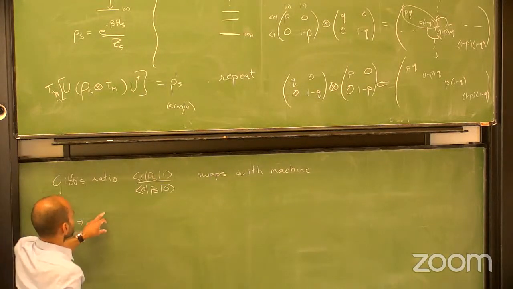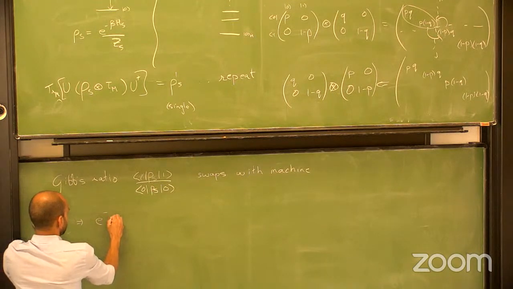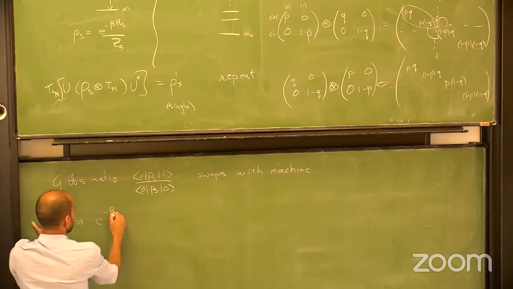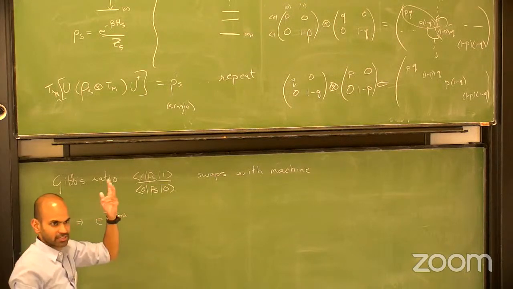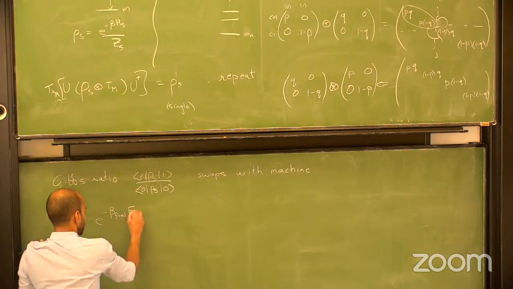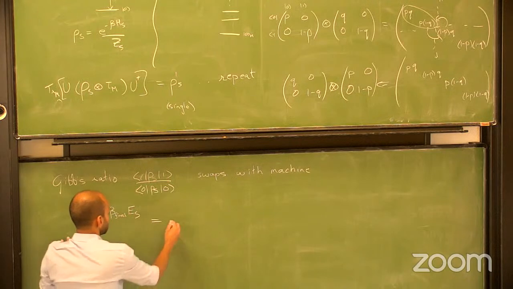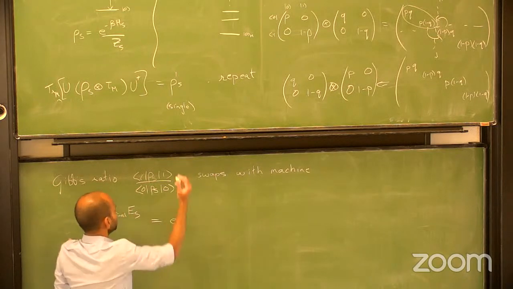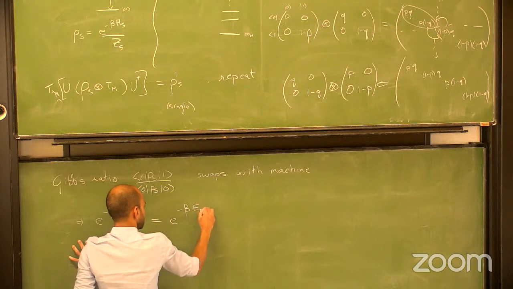And the Gibbs ratio is also, one can write it for a qubit as e to the minus beta times the energy. So I can say e to the minus beta final, which is the final effective temperature on the system, times the energy of the system, is what the Gibbs ratio on the machine was originally. And that we know because the machine started in a thermal state, was just beta times E of the machine.